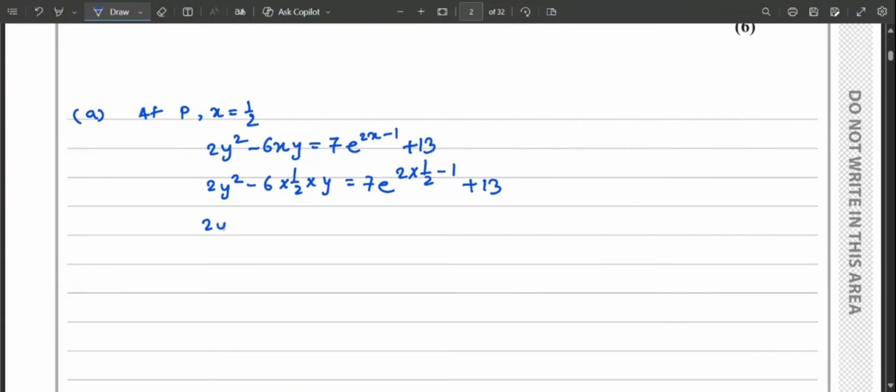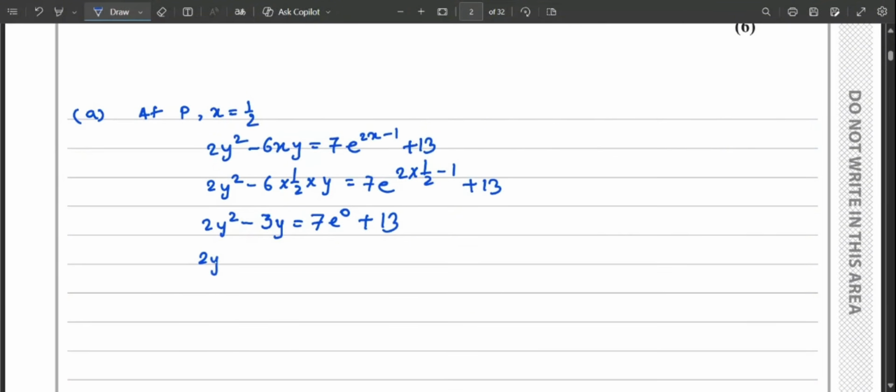Now we are going to simplify this expression. 2y squared minus 6 into half would be 3, so 3y is equal to 7e to the power of 2 into half minus 1. 2 into half gives us 1, so 1 minus 1 is equal to 0, and plus 13.